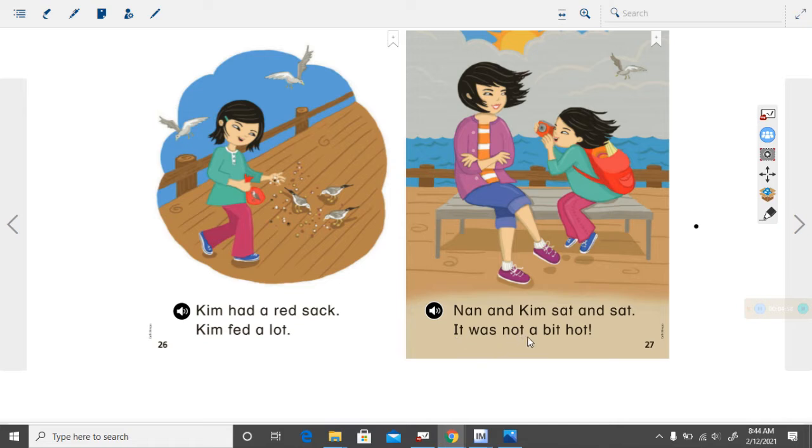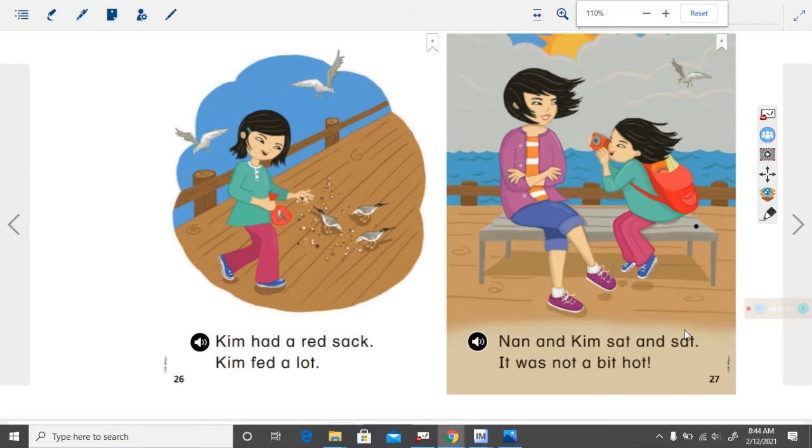It was not a bit hot. This right here is called an exclamation point. And that exclamation point is also an ending punctuation. That means you say it with excitement. It was not a bit hot! So it just means we say it with a lot of excitement. But that is still the ending of a sentence.